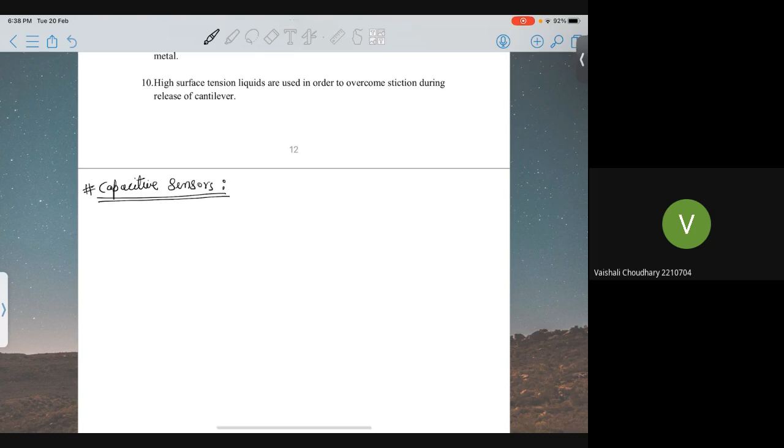The capacitive sensor can be of three types.